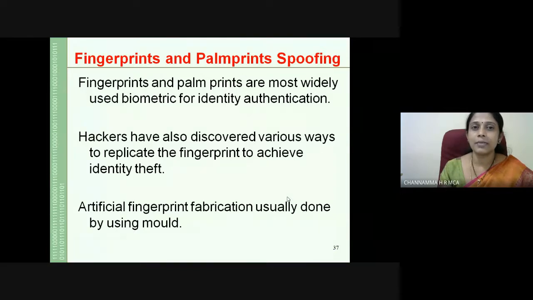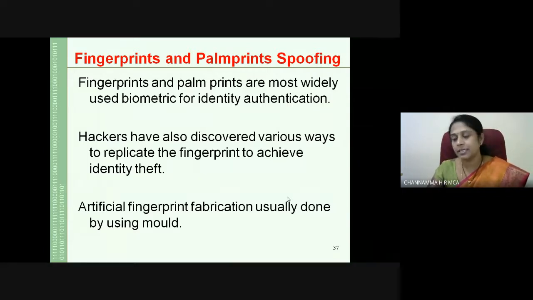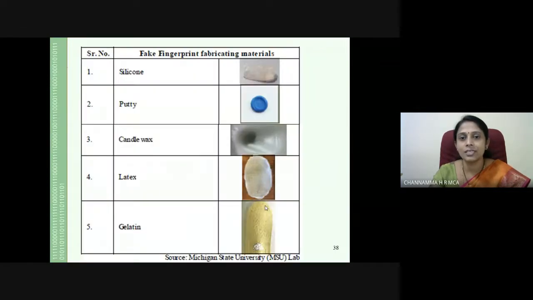Another most frequently used biometric is the fingerprint and the palm print. Palm print is not much used everywhere. Anyway, this can also be spoofed by using materials like silicone, putty, candle wax, latex, and gelatin. Of course, these fake identities sometimes may not work.